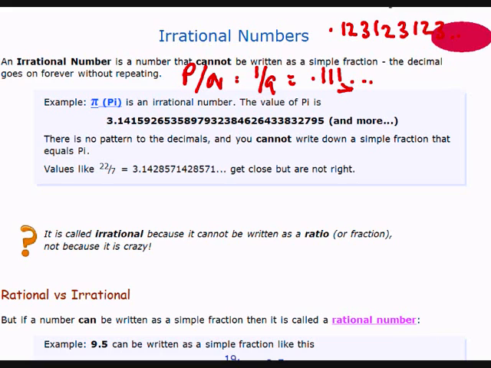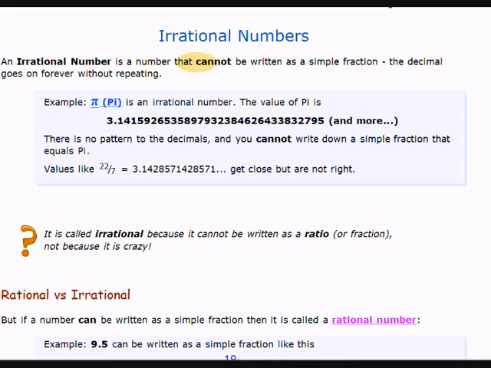But certain numbers like pi are non-repeating. The decimal goes on forever without repeating. For example, pi. Pi is an irrational number because, look, it doesn't repeat. 3.14159265358979323846264338327 goes on.